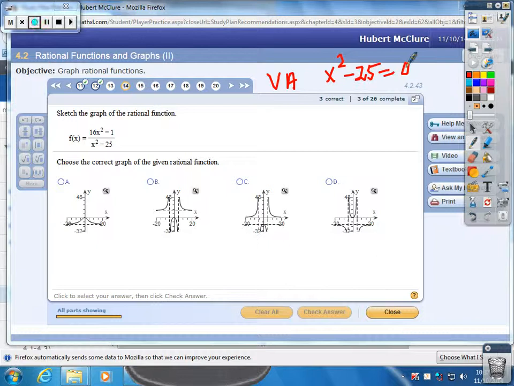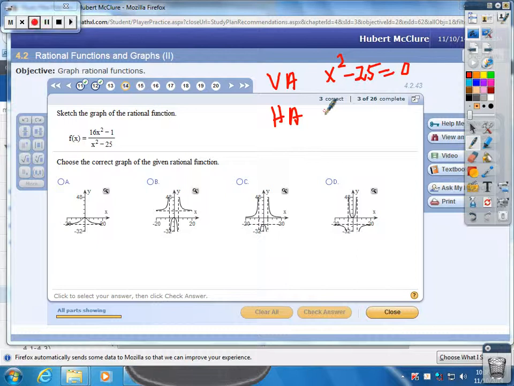Okay, whatever. All right, horizontal asymptote. What's the horizontal asymptote? 1/25th? Well, let's go 16. Wait a minute. This one has a 16 out front, and that's going to be 16 over 1. You go with the coefficient here.